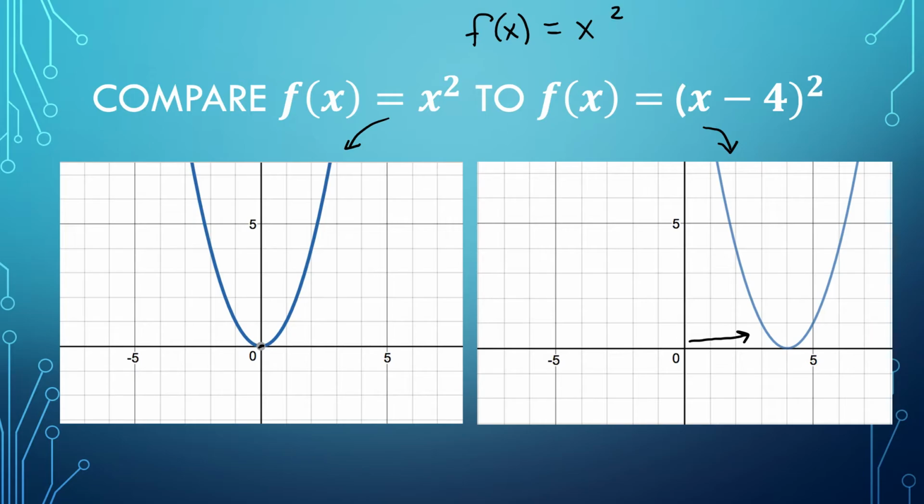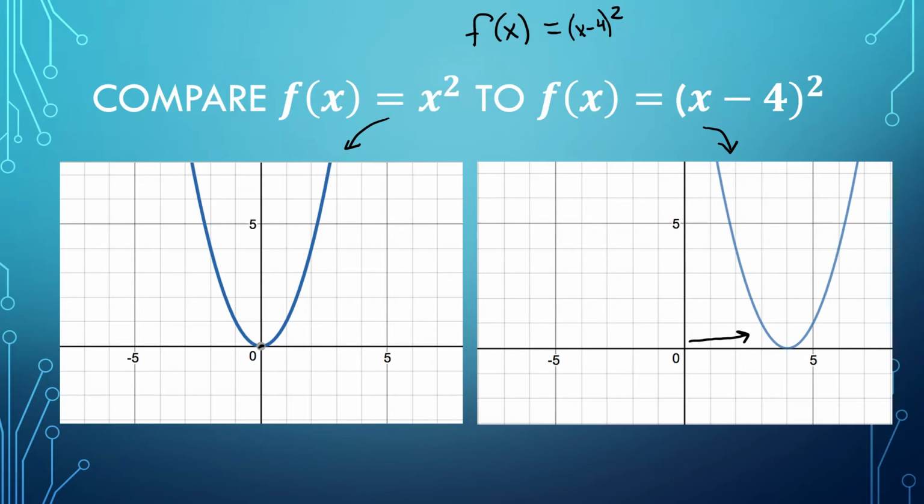So in place of the x, I'm going to substitute in x minus a number, in this case, x minus 4. So it becomes a part of the function. Okay, so it's a substitution to cause it to move to the right.